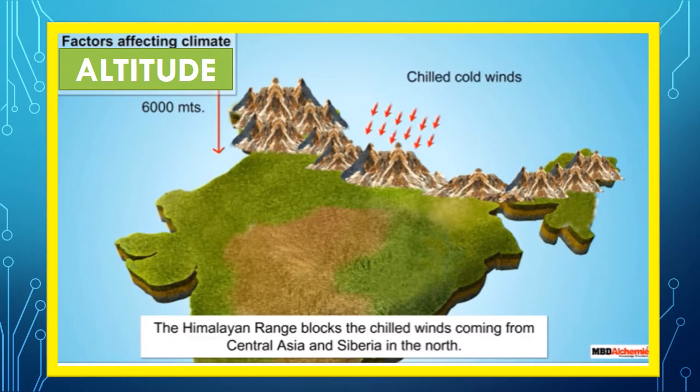This Himalayan range blocks the cold chill winds coming from Central Asia and Siberia in the north. Due to this mountain, our subcontinent experiences milder winters as compared to Central Asia.